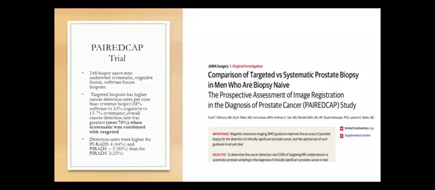And then we have the PEDCAP trial, in which 248 biopsy naive men underwent systemic, cognitive, and software biopsy. This trial showed that targeted biopsies do have higher cancer detection rates per core than systemic biopsy.